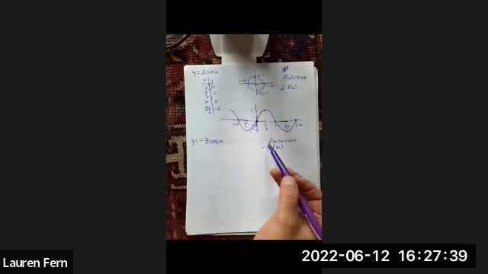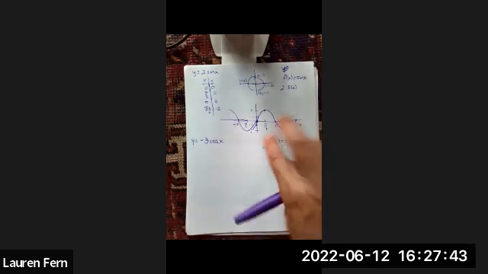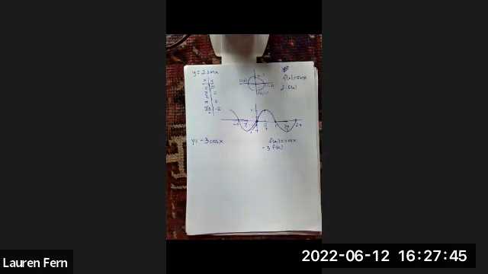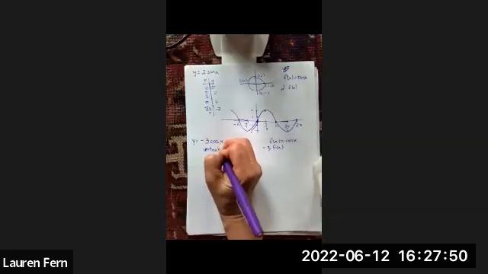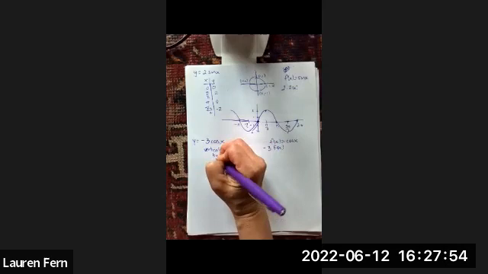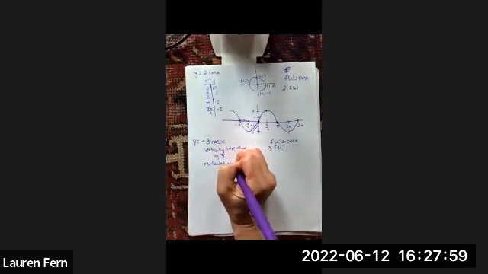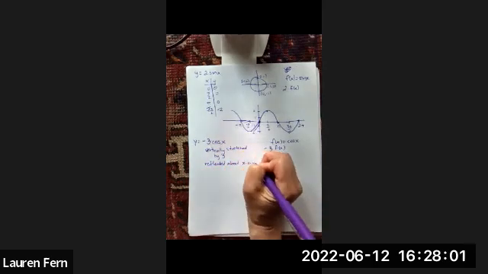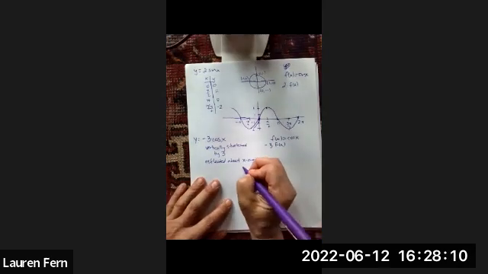But remember, when you have a negative in front of your function, what that does is it reflects it about your x-axis. So it's vertically stretched by 3, and it's also reflected about your x-axis. So this is where your memory of college algebra and the graphing can really come in handy.